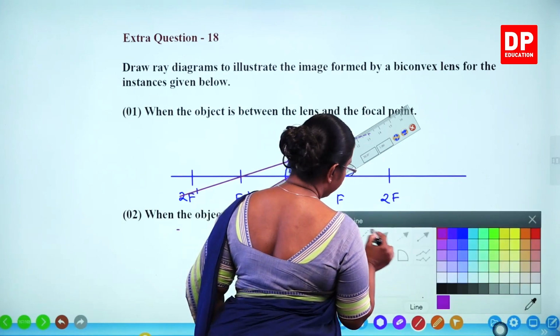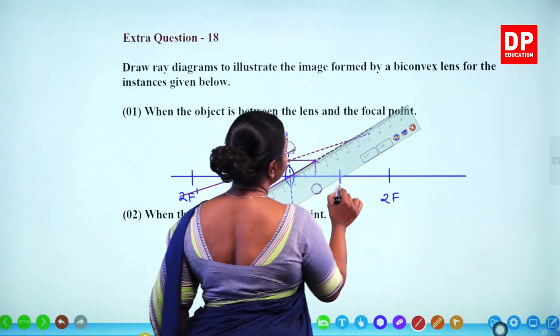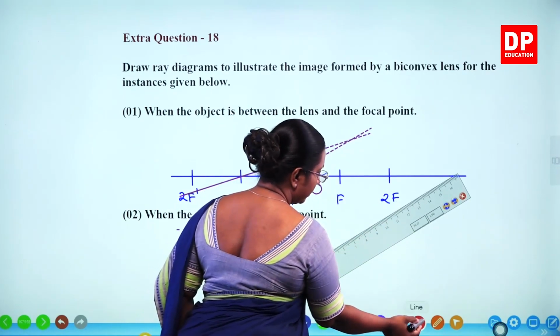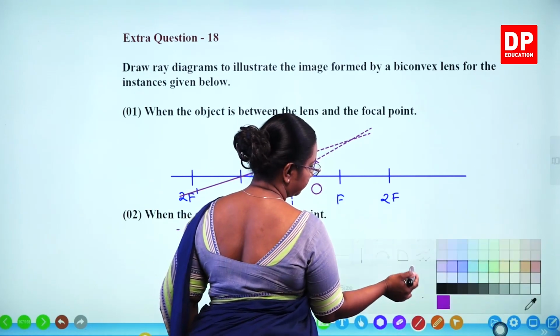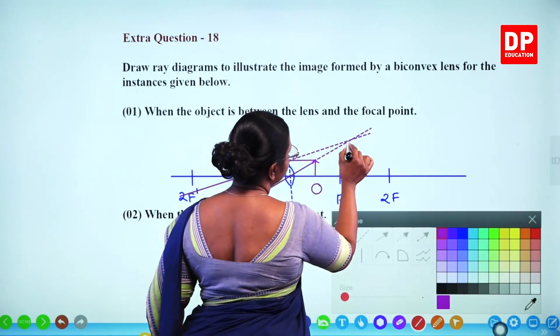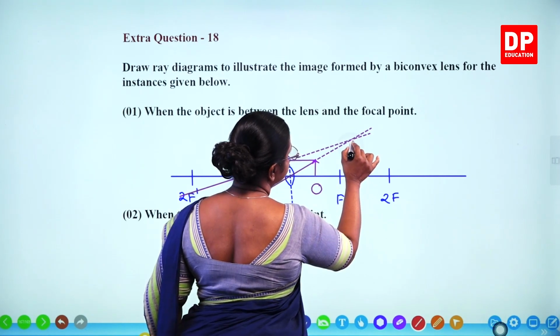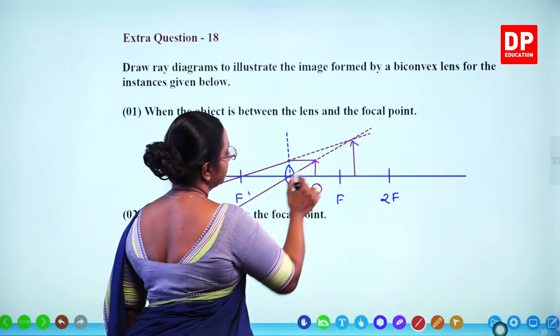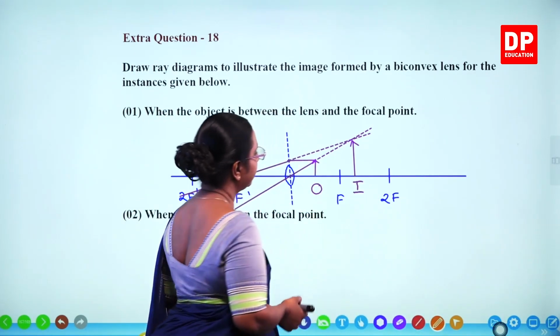Again, we have to extrapolate that ray. So when we do that, you can see the two rays meet at this point. So you will get the image here. So that is the object and this is the image.